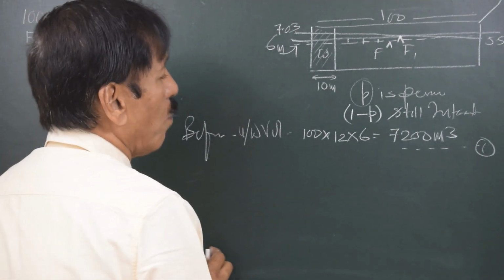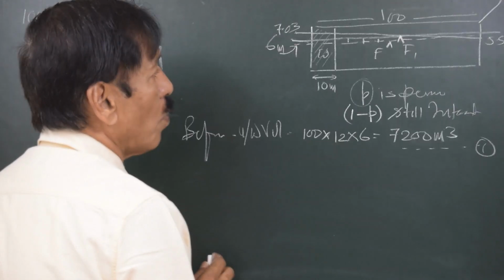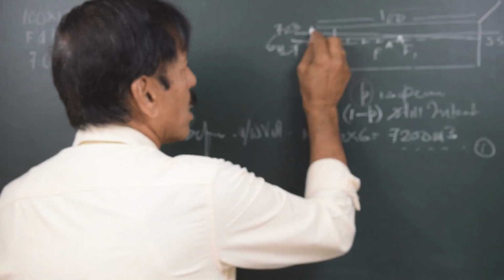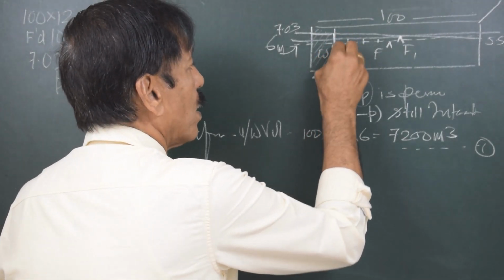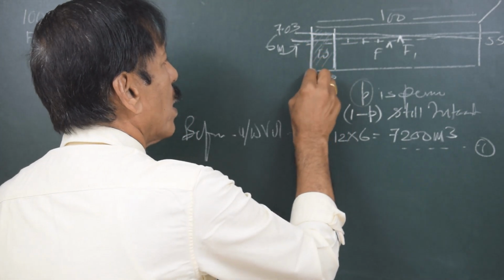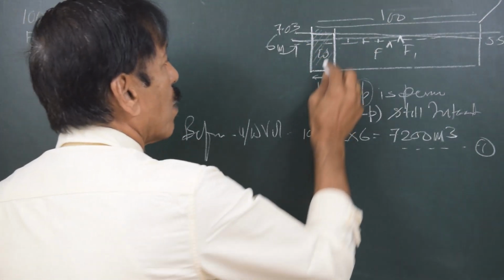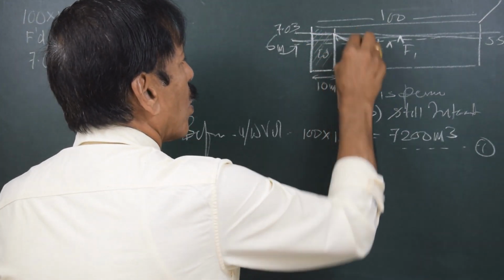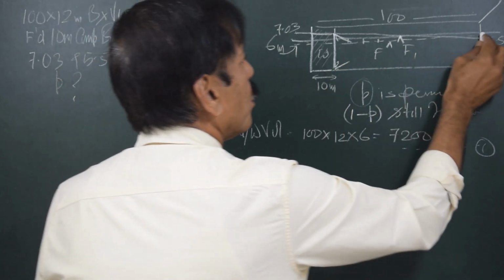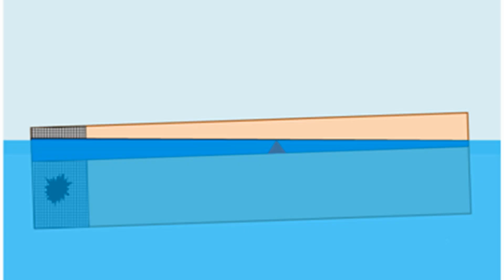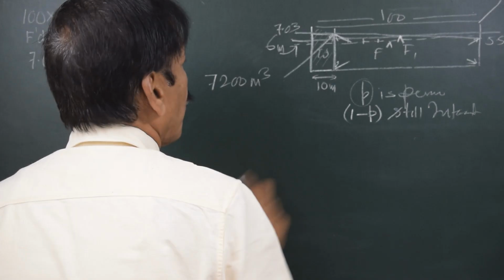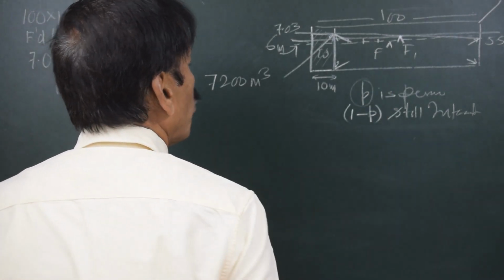We can divide the underwater volume in 2 parts. One we can call V1 over here, and another one we will call V2. Now let us find out this volume V2 first.